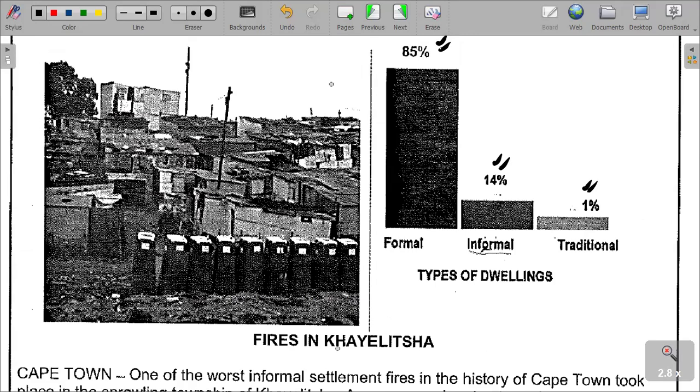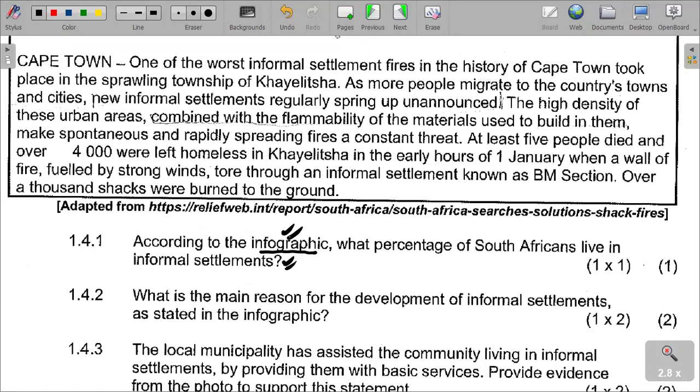It is given here that informal settlements have got how much? 14%.